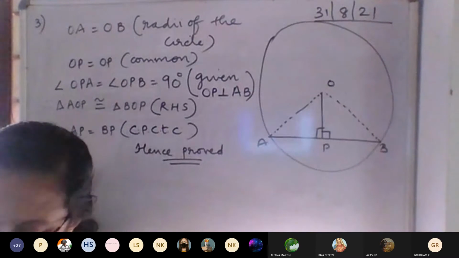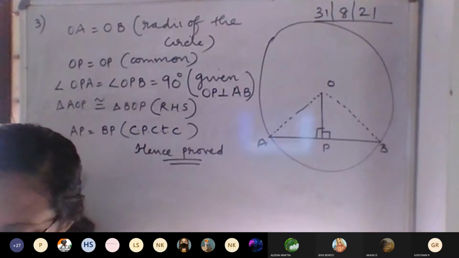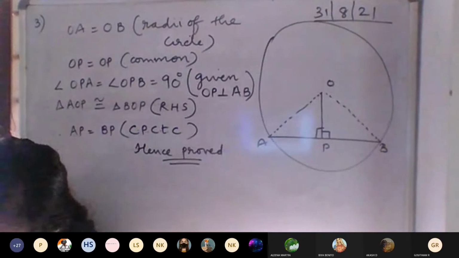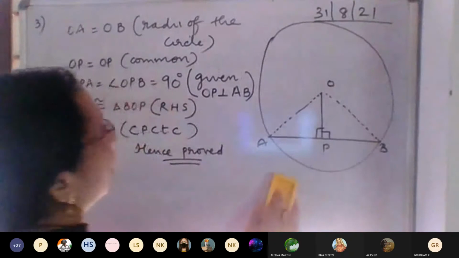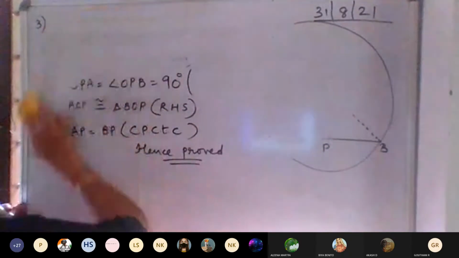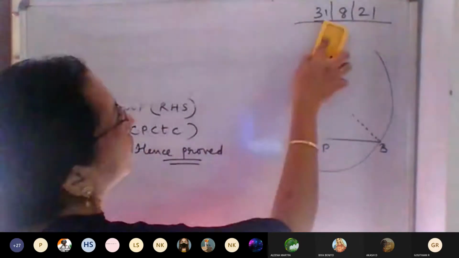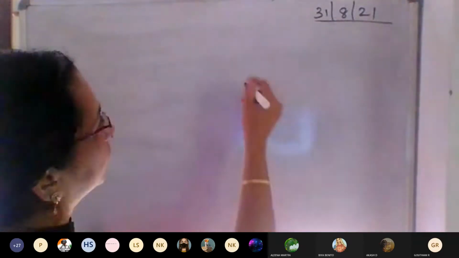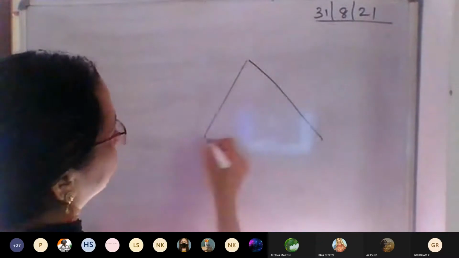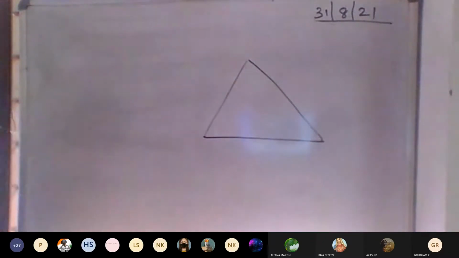Second, AB is equal to EC. Then third, AB is parallel to EC. There is no figure in our question, so we have to draw a figure. Triangle ABC. What are the things given?